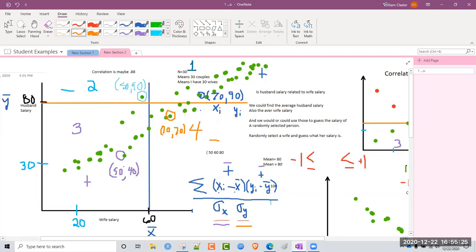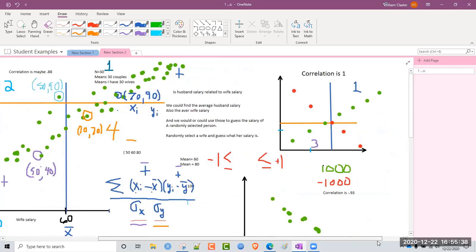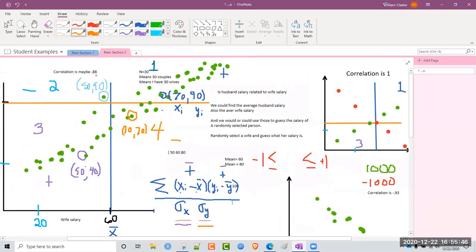We said that this sum here is really important for telling us what the relationship is between the two variables, whether they're correlated or not, and how strongly correlated they are. So are they correlated like 1, or like 0.88, or like 0.93?